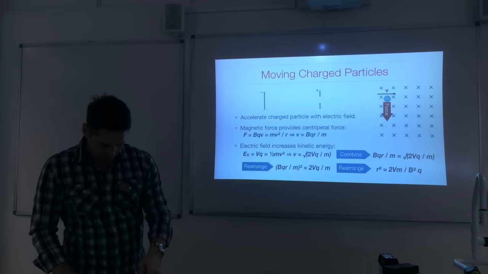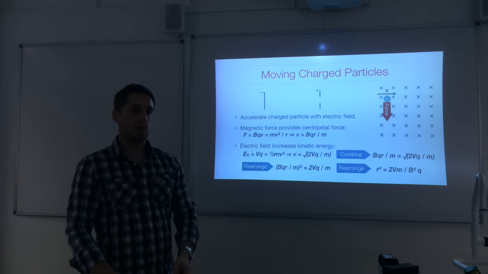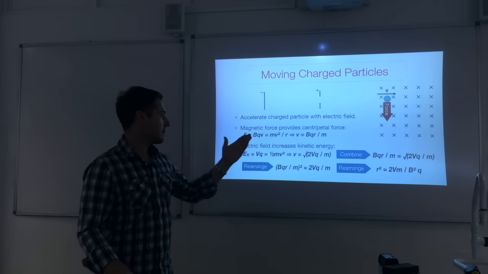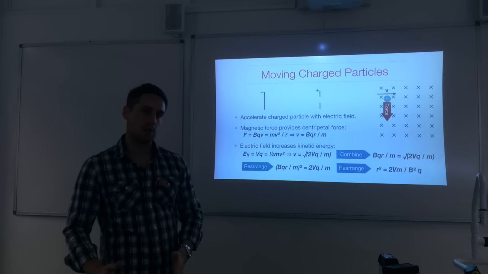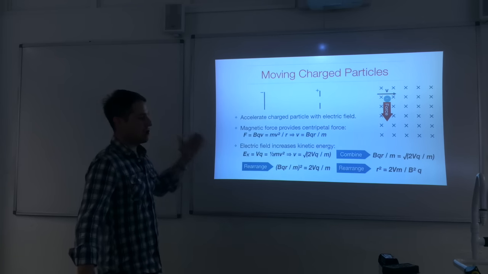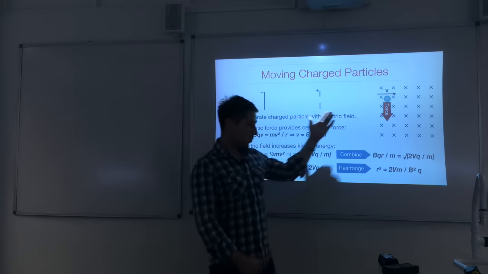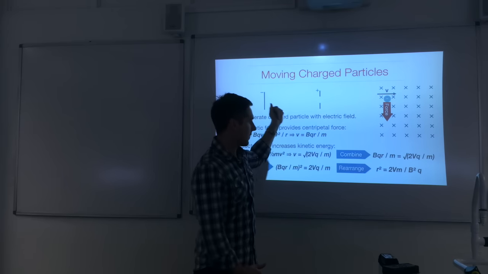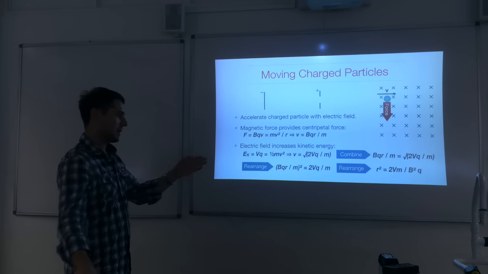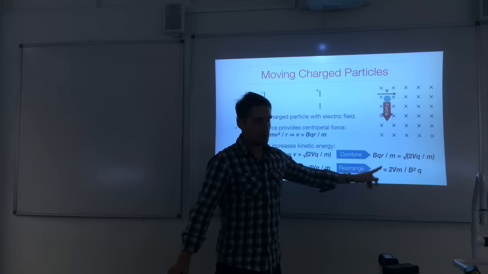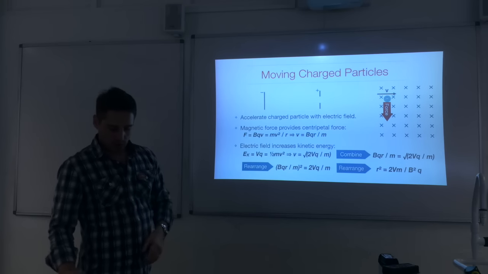So now we have a way of calculating it that's in terms of properties that are easy to know for a given charged particle in a particular situation. And then you know how, if you change this accelerating potential, how the radius will change, and if you change the field strength, how that will change things as well. So how you change the radius. This is r squared, so you might want to square root both sides so that you've got r on the left.